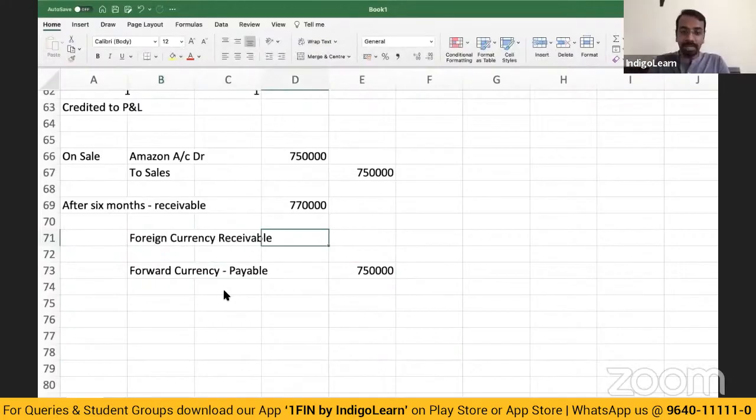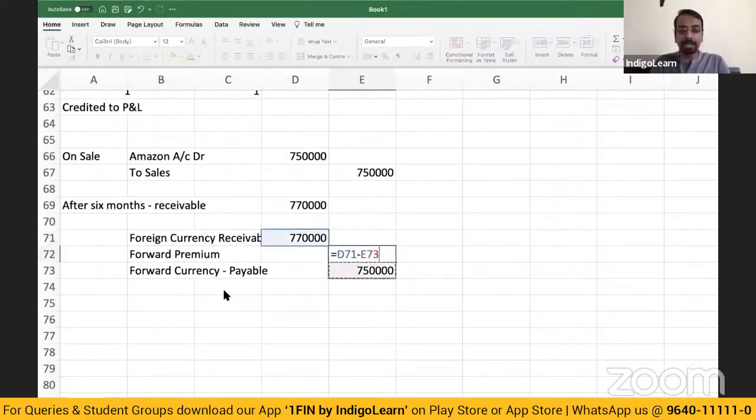Receivable on that day will be 7,70, and the balance is the forward premium, which is 7,70 minus 7,50.